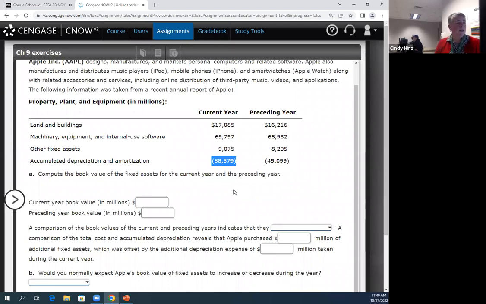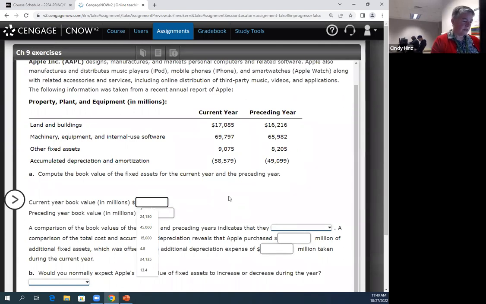And so we're asked to compute the book value of the fixed assets. So all three of those categories, land and buildings, machinery, and the other fixed assets, and then we would subtract the accumulated depreciation and amortization to find their current year's book value.